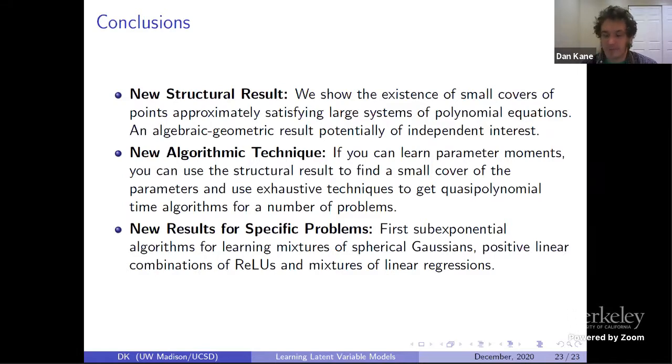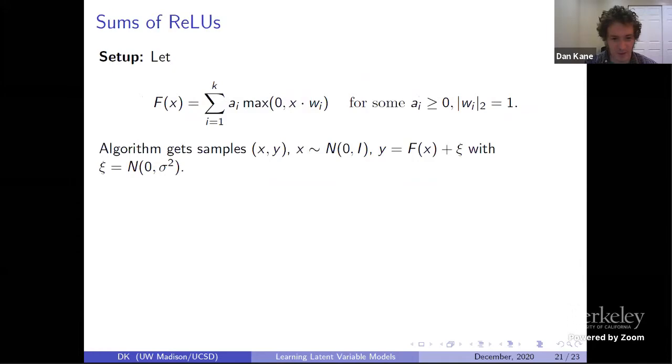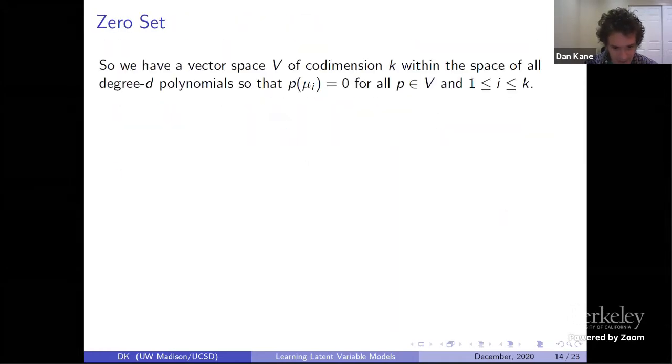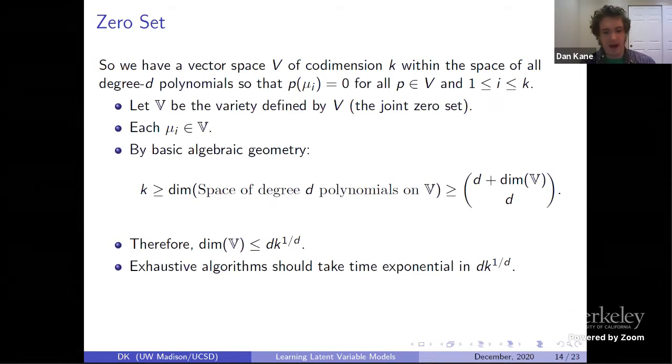There is maybe some hope, as the dimension should continue to shrink as you make things bigger. d times k to the 1/d is not necessarily a tight bound. Really what you should be looking at, and I have to go way back to find this, is this bound that k is an upper bound on d plus the dimension of the variety, choose d. And this should give you something slightly better than d times k to the 1/d.